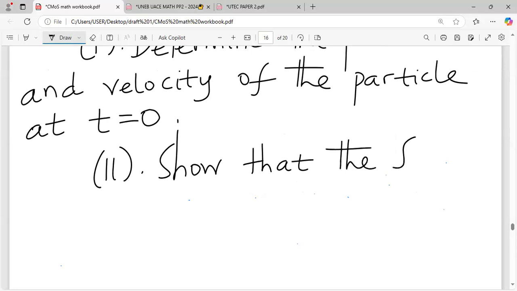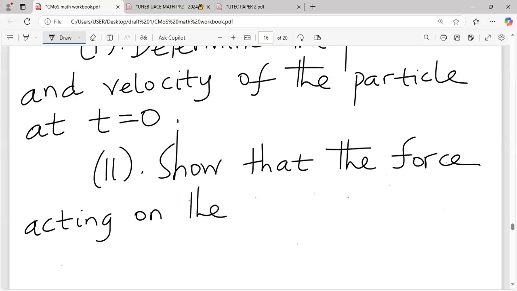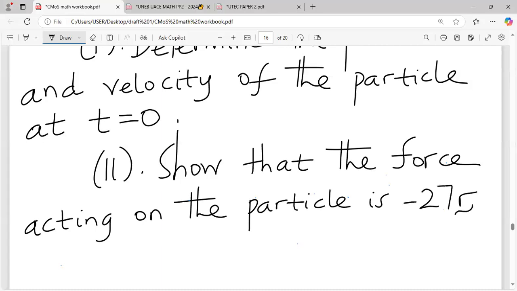For sure. I want someone to do for me this number. I want this Roman 2 to come out. I'll give you some money as a present. The force acting on the particle is negative 27 r.